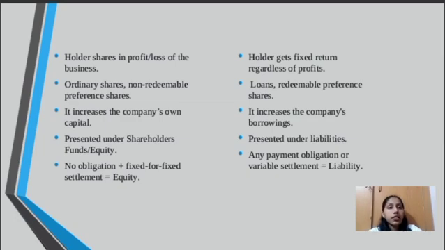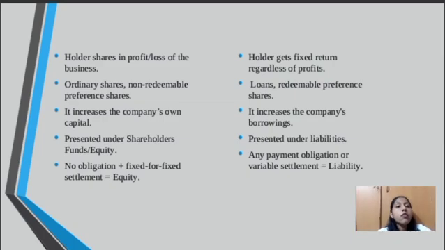Next, the tenth one, under equity instrument: no obligation plus fixed-for-fixed settlement equals equity. Equity means there is no compulsory obligation for the company to repay, and fixed-for-fixed means one share issued in exchange for a fixed amount of cash. That's why equity is permanent and not considered a liability.